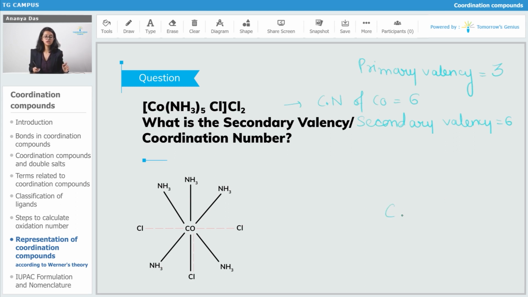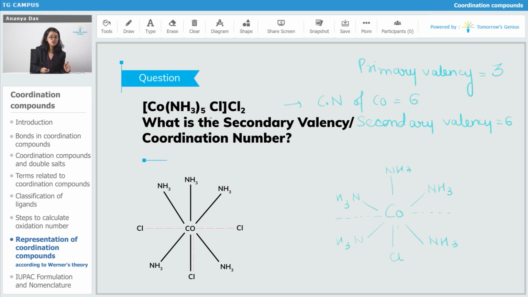First of all, you write the cobalt or the metal atom at the center and draw the solid lines for the secondary valency. There are 6 secondary valencies, so 6 solid lines. At the end of the solid lines you have 5 NH3s and 1 Cl. So the secondary valency is satisfied by 5 ammonia ligands and 1 chlorine ligand. Now there is a primary valency of 3, so draw 3 dashed lines.